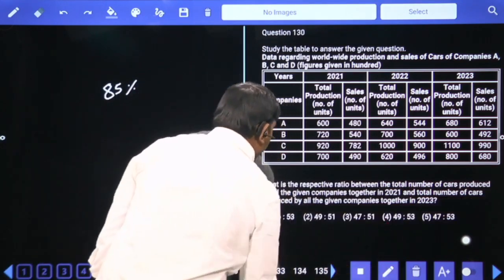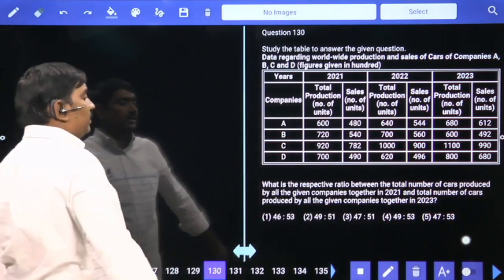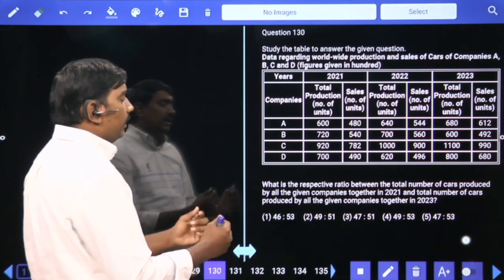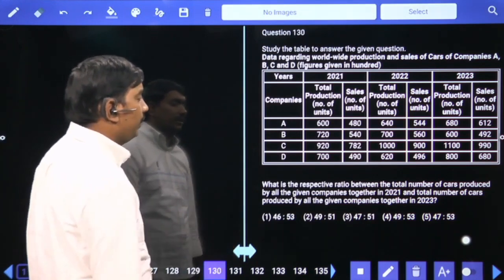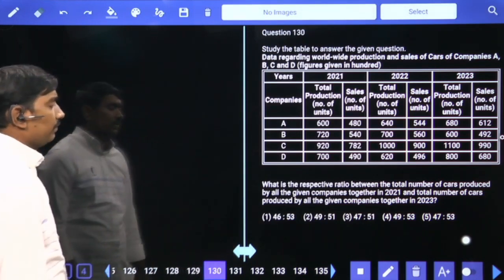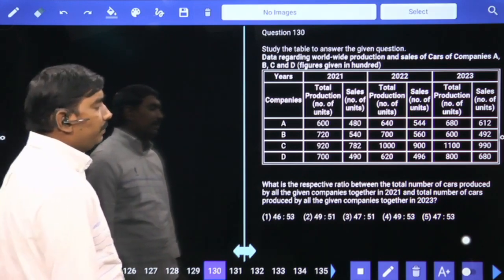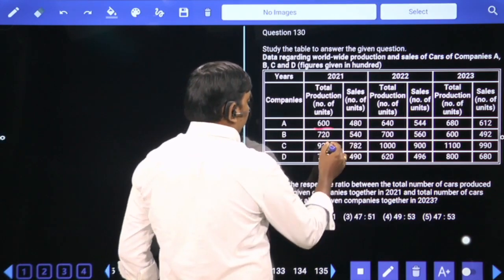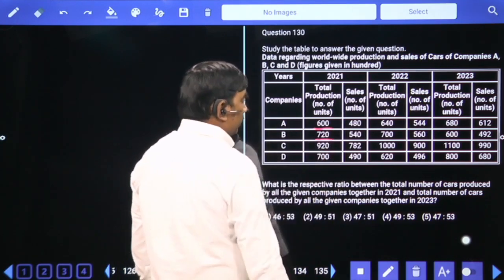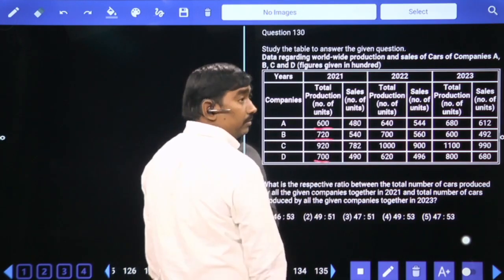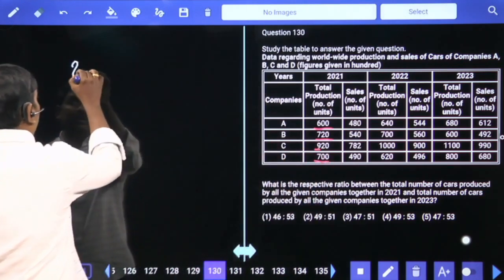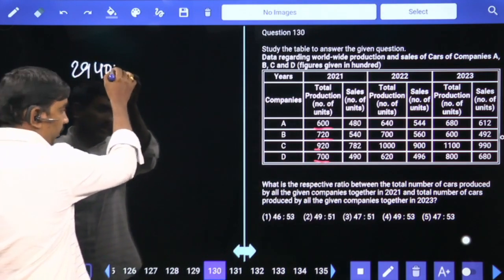Next. What is the respective ratio between total number of cars produced by all the given companies together in 2021 and total number of cars produced by all the given companies together in 2023? 600, 700, 1300, 700, 2000, 2900, 20 plus 20, 40, 2940.